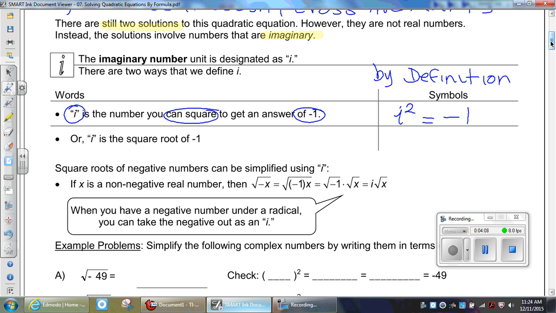If we have i squared equal to -1, and we take the square root on both sides, that gives us our second definition: i is equal to the square root of -1.